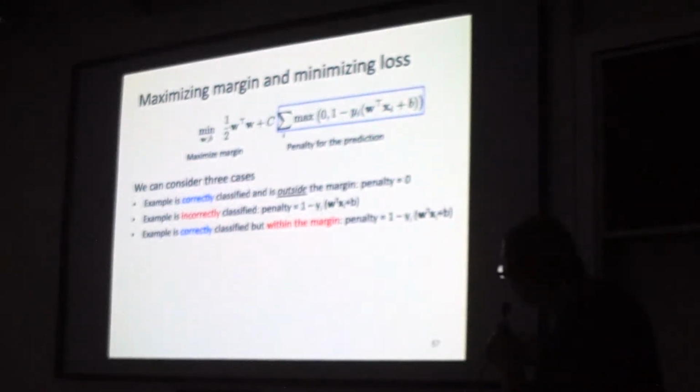However, if it is within the margin, the function margin is less than 1, meaning that it breaks into the margin. This product is bigger than 0 but less than 1, so when it is subtracted from 1, the result is still positive, and this max value will be positive. So even if you correctly predict the example, if it breaks into the margin, you still get some penalty.